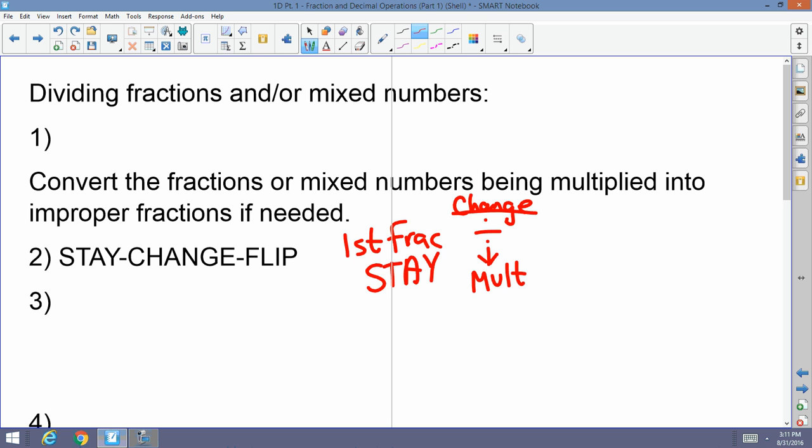And then the second fraction flips. You flip it to its reciprocal. So stay, change, flip. It's like a little song. Stay, change, flip. Remember that. The first fraction always stays. You change division to multiplication, and the second fraction flips.